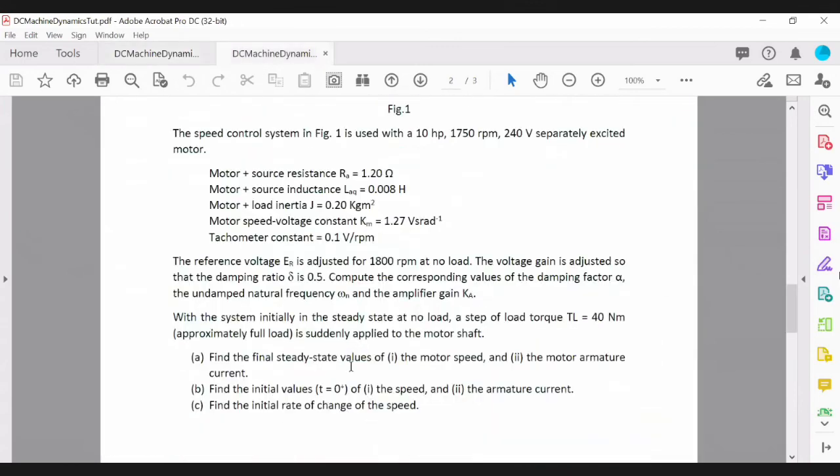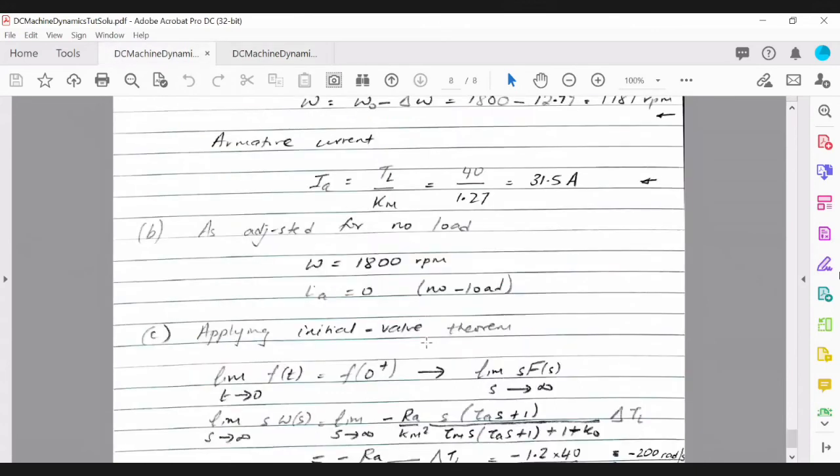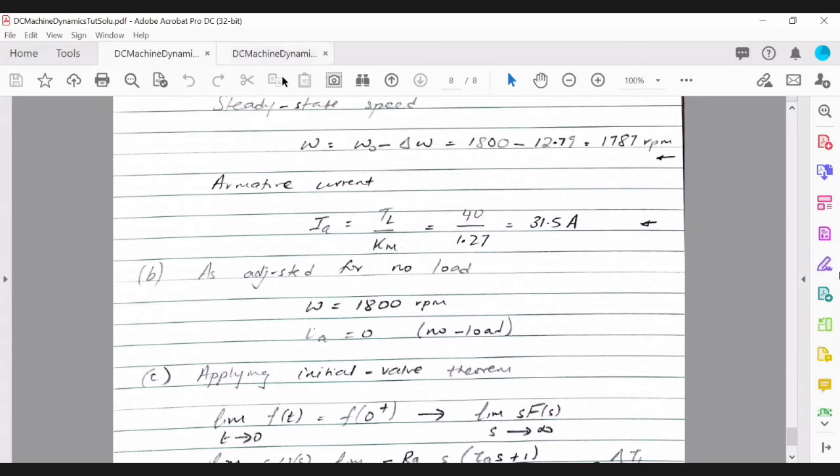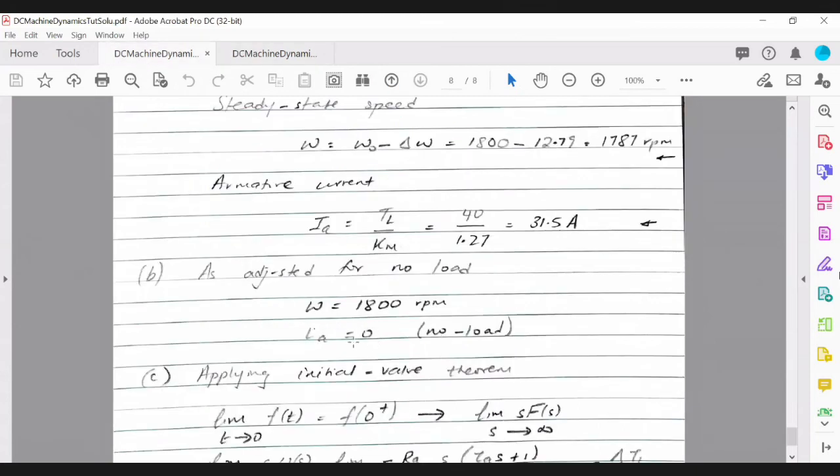Right. So for part B, they ask you to find the initial values of the speed and armature current. So now, remember that at no load, the motor is running at 1800 RPM, and obviously, if there is no load, the armature current is initially at zero value here.